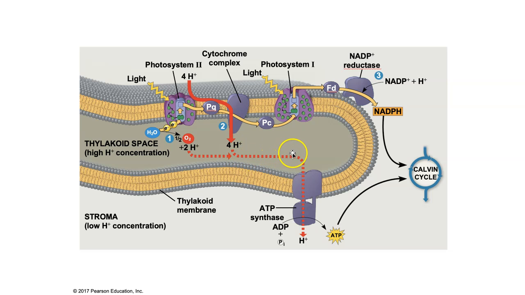ATP synthase is able to couple the electron transport chain to the ATP via the proton motive force. So the protons flow through here. This is like a turbine. It spins, and it creates ATP this way. So, again, knowing where things happen is important. ATP is created in the stroma. So note that.